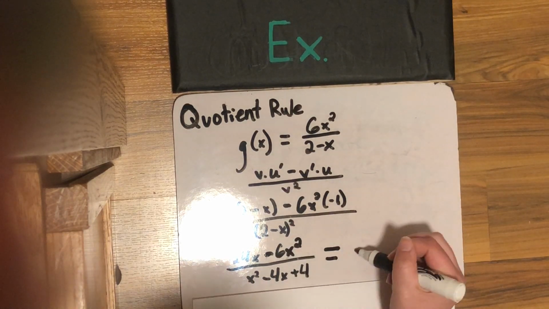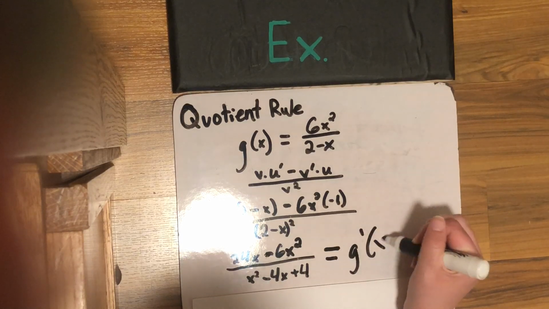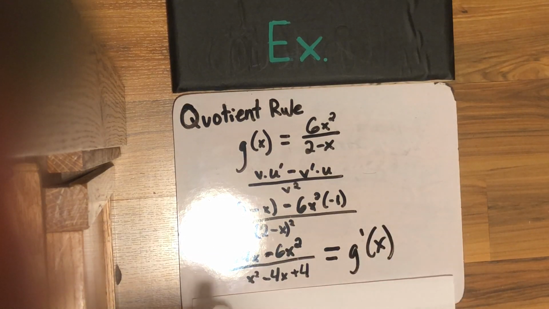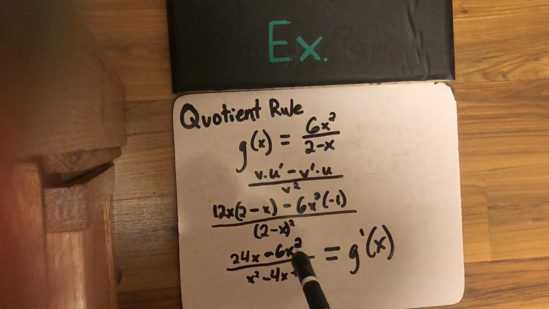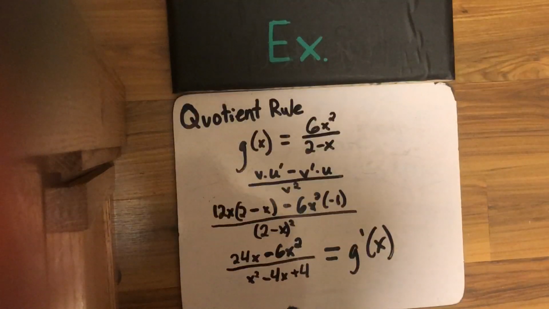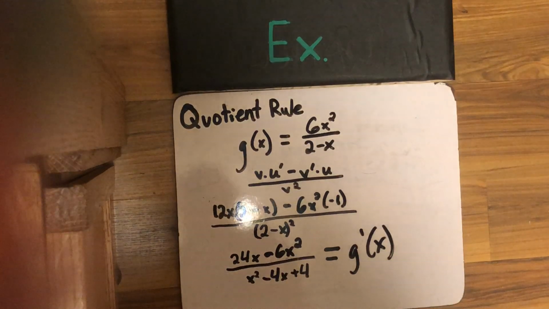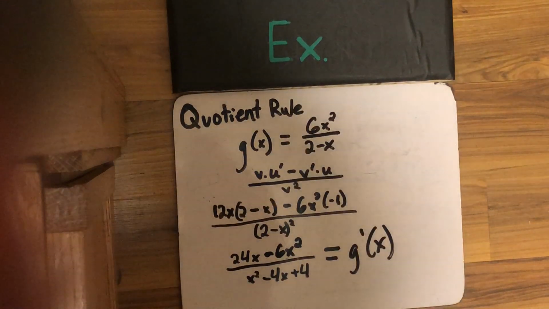And this equals g prime of x. So 24x minus 6x squared over x squared minus 4x plus 4 equals g prime of x for this quotient rule example.